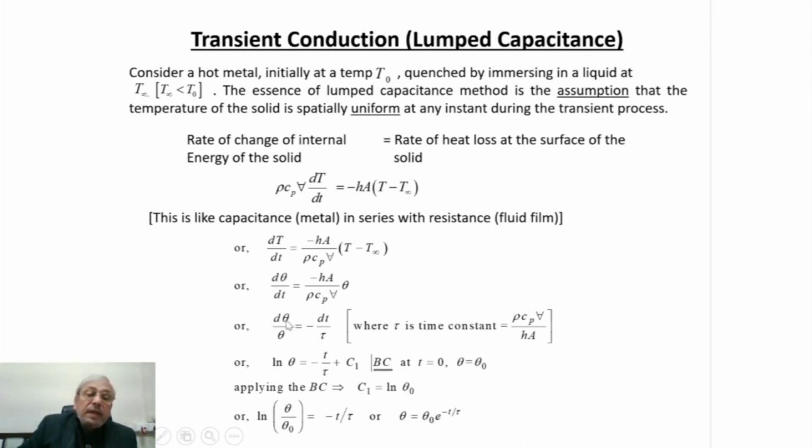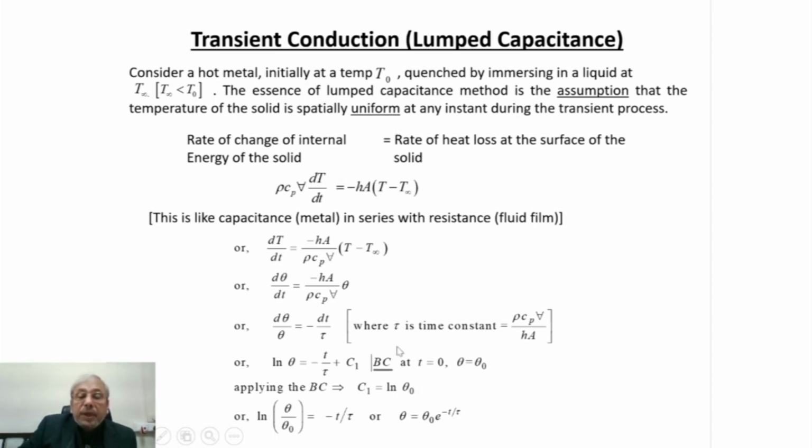Here we can write d theta by theta equal to minus dt by tau, and after integration we can write ln theta equal to minus t by tau plus C1, and we know the boundary condition at t equal to 0, theta equal to theta naught. Theta is defined by T minus T infinity.